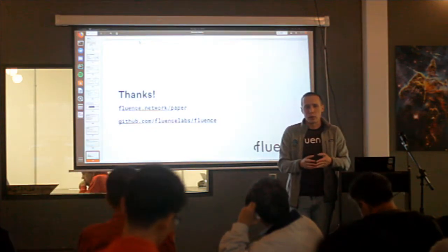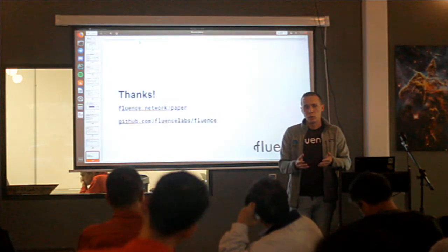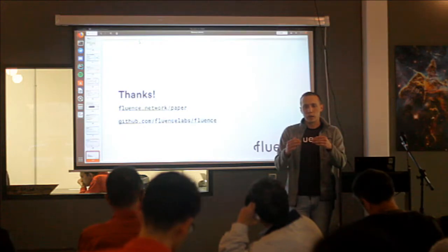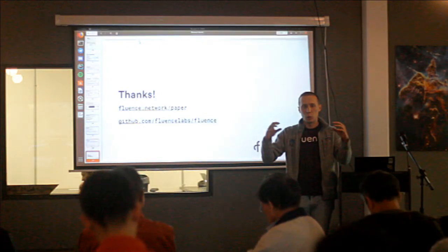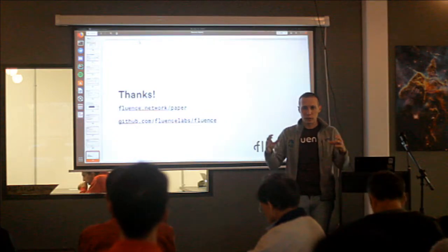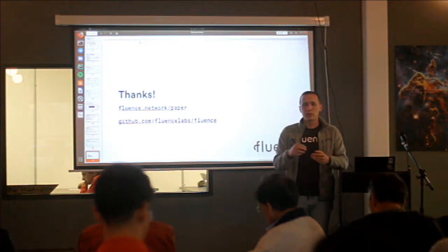We can also compare it to, let's say, OrbitDB. OrbitDB is basically a kind of thin layer on top of IPFS, so now you can have more sophisticated data structures. And here's the thing.